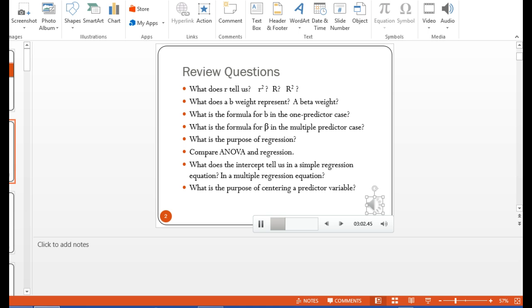What is the formula for the beta in the multiple predictor case, specifically in the 2 predictor case? I will never ask you to think about more than 2 predictors when we're thinking of beta weights. The formula, recall, is the correlation between the DV and the first predictor, remember that was RY1, or just R1.